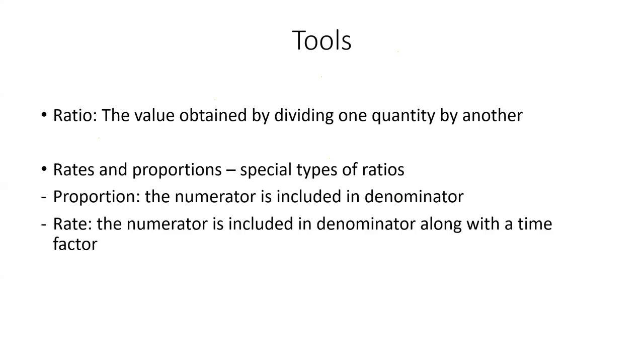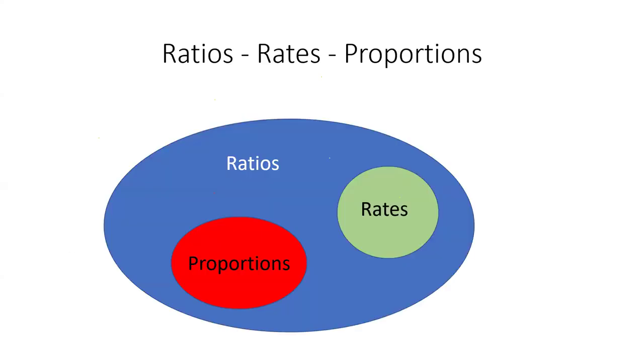Proportion is where the numerator is included in the denominator. Everything in the numerator is a part of the denominator. And rate is where the numerator is a part of the denominator along with the time factor. This we have already seen when we looked at measures of frequency. So nothing much here, but ratios are very broad.